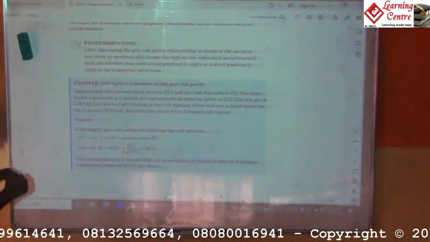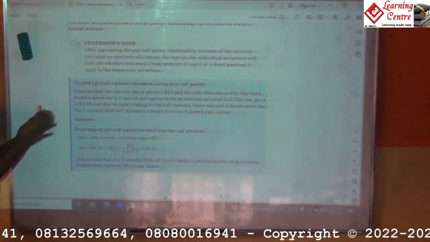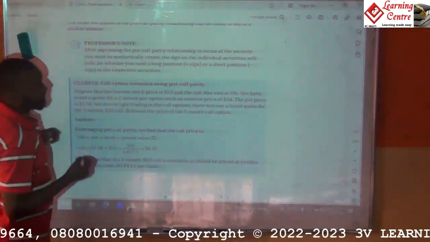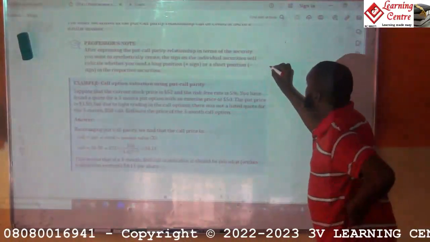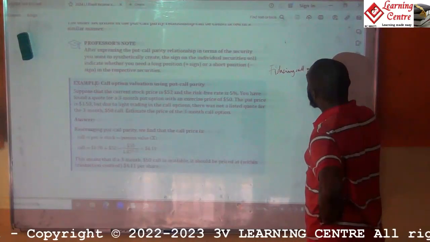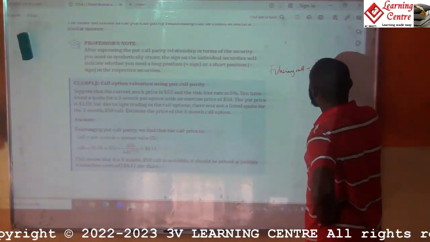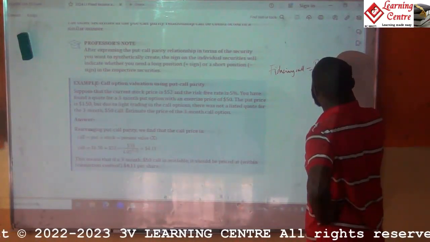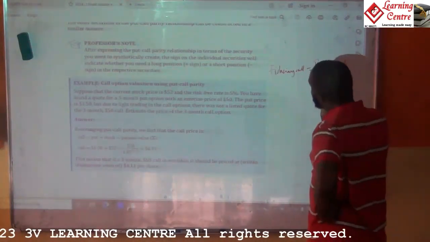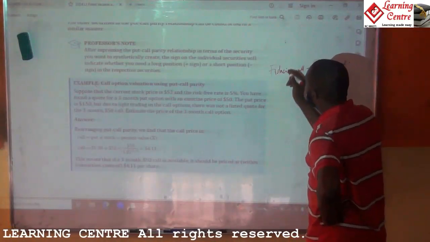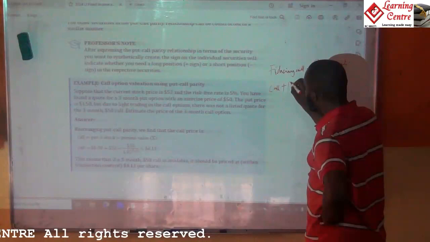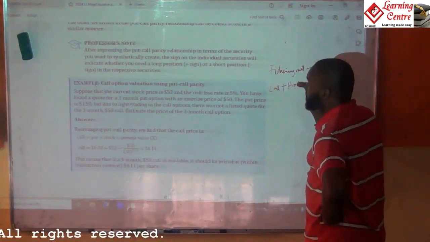Let me take it again. Remember in our calculation now, we said a fiduciary call is equal to what? A protective put. Right? We said they are the same. And what is a fiduciary call? A fiduciary call is a call plus a pure discount bond.